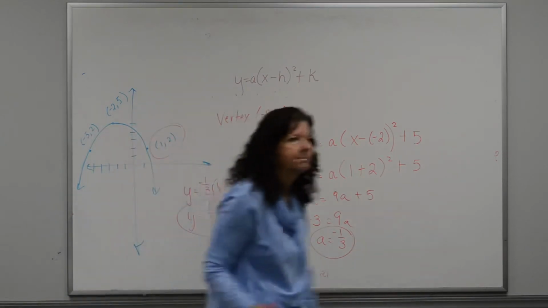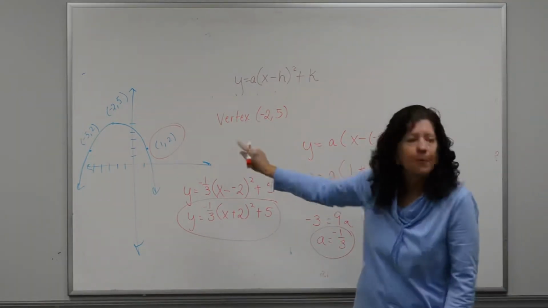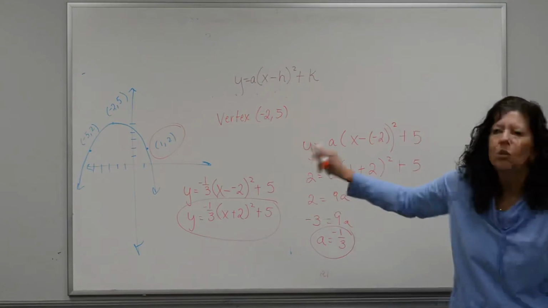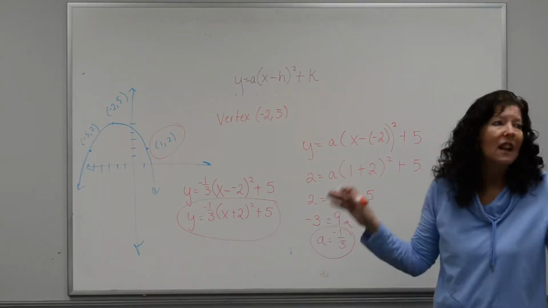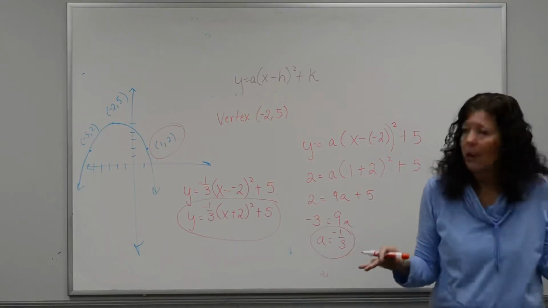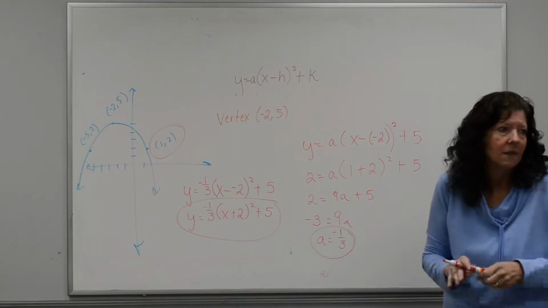There's the equation. Way easier if I have the picture and I know which one is the vertex. If I don't know which one is the vertex, the only way I can do it is that other way. Okay, does that make sense? Because I don't know where the vertex is.